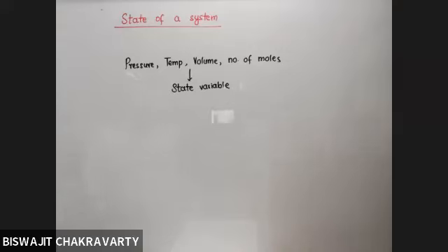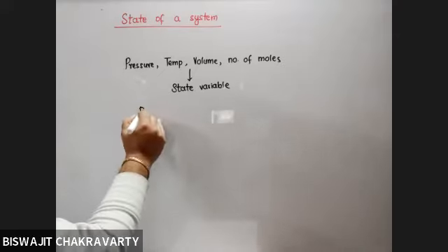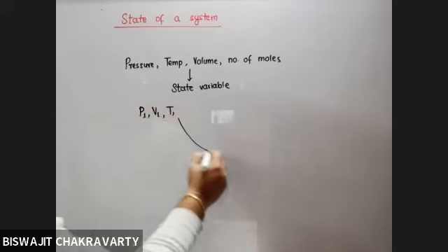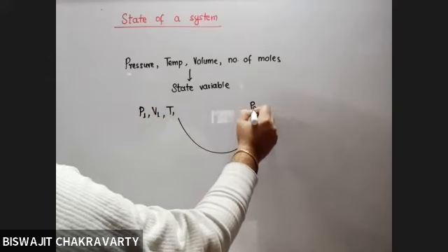And we have seen in the ideal gas equation, Boyle's law, Charles' law, that some parameters were getting changed and some parameters were definite. Definite means constant. So during this change, if we look at the whole process, suppose we have the state variables P1, V1 and T1, which is getting converted to P2, V2 and T2.